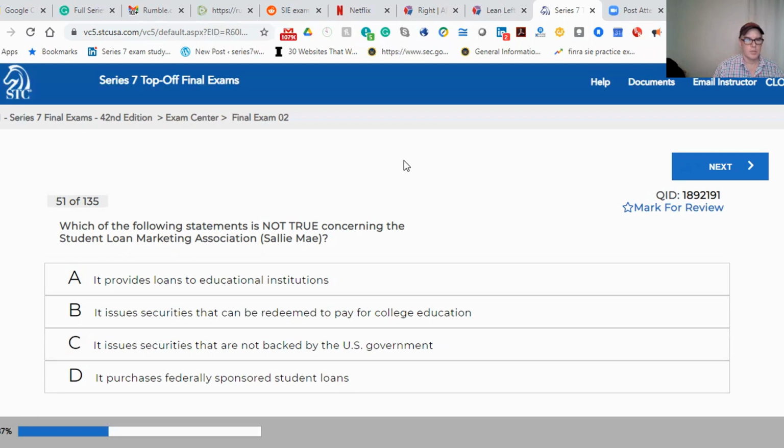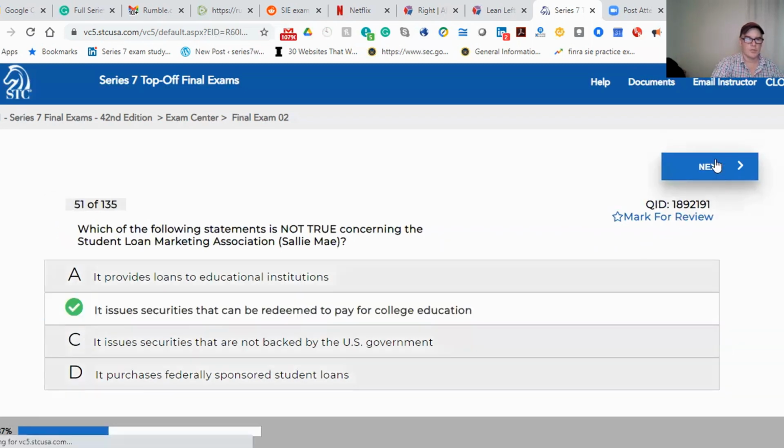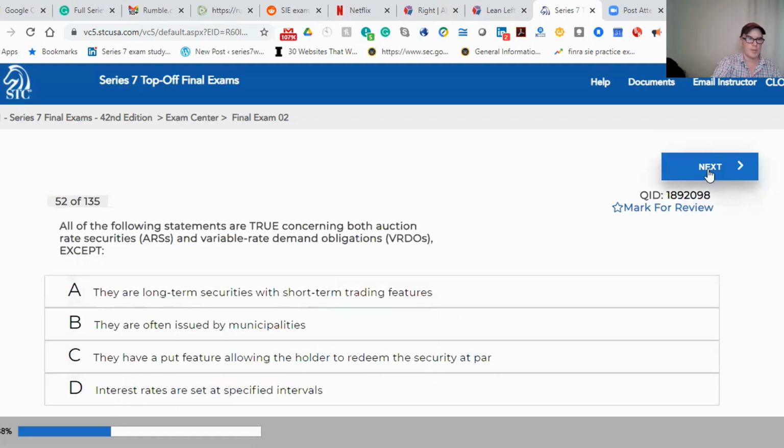Yeah, that's not true. I mean, they're all kind of screwed up. Okay, they don't issue securities that can be redeemed to pay for college education. You can't issue a bond and then sell it. That doesn't work. Okay, I don't like any of those answers, but that was the best one of them all.